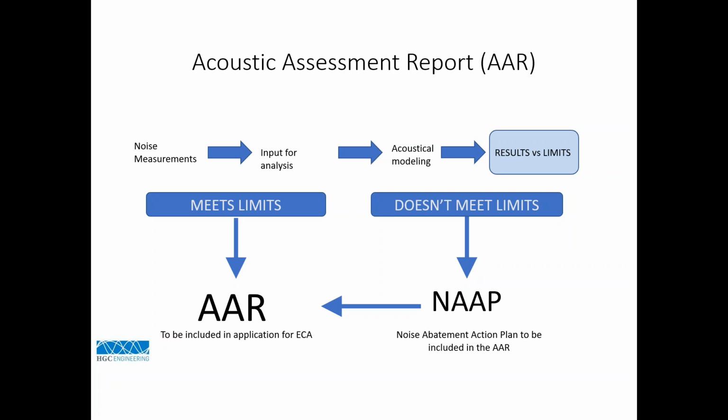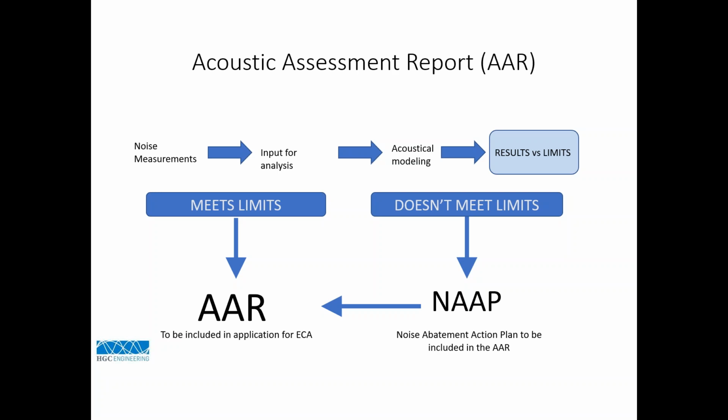Now, when the results are available, they are compared with the applicable limit, and the limits are defined by the Ministry of the Environment. They do change depending on the environment in which the nearest noise receptors are.